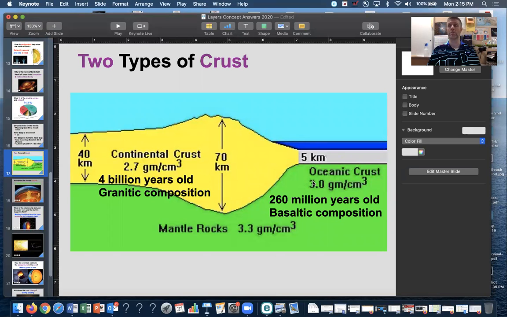So oceanic crust is more dense, and that's because it has different minerals in it, and it makes it more dense than continental. But both continental and oceanic are less dense than the rocks in the mantle, which you would expect because the crust is above the mantle. So the mantle rocks are more dense. That's why the crust is above it.